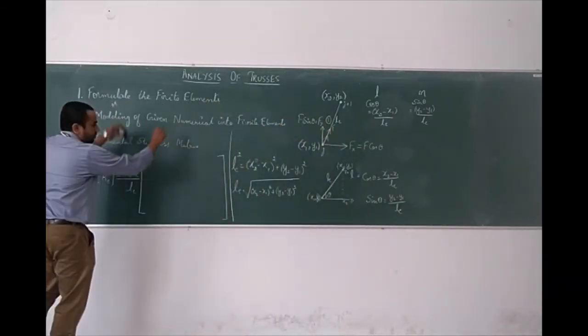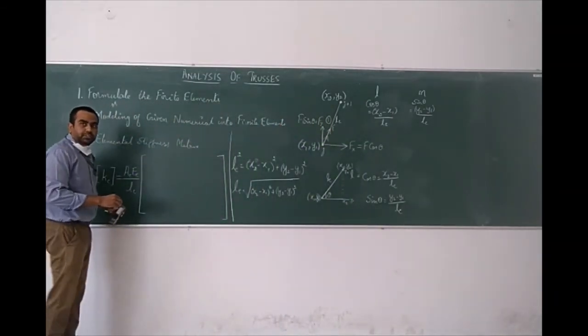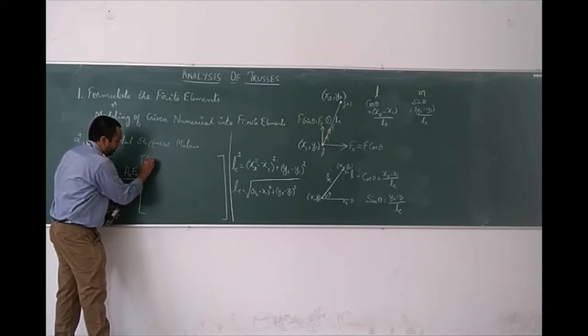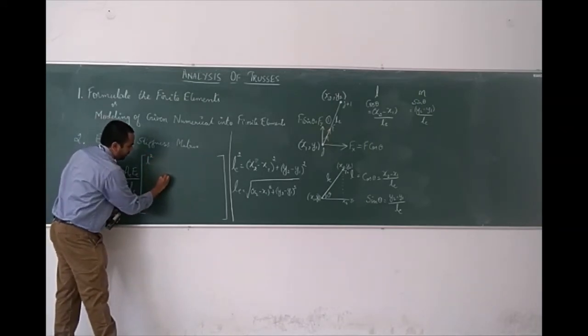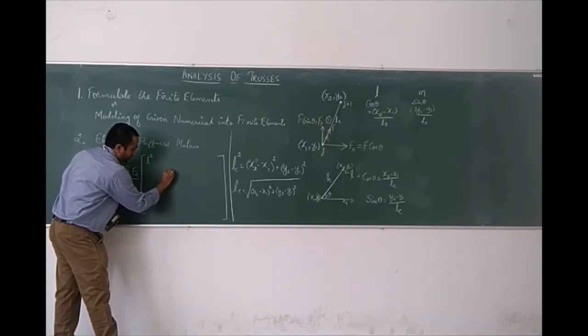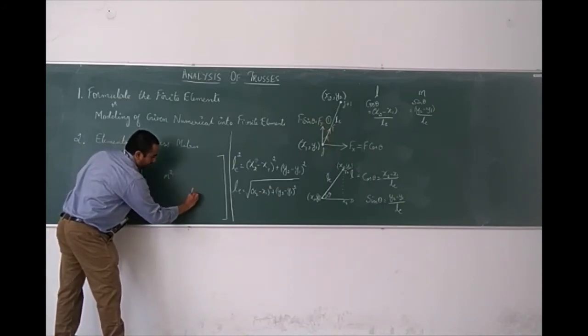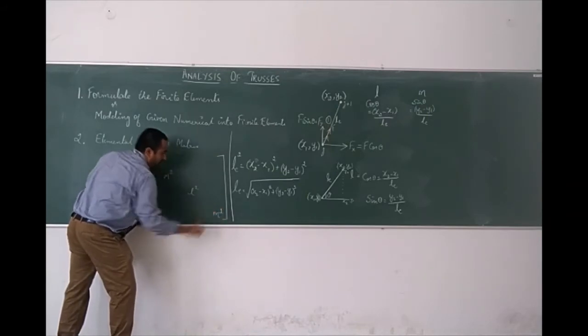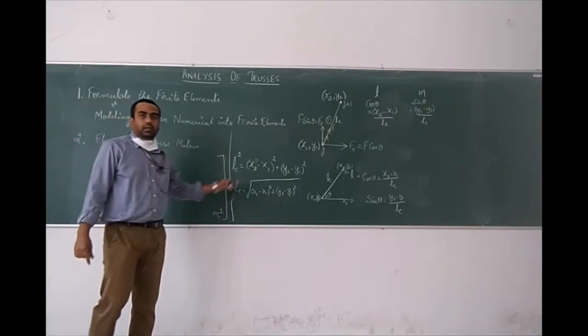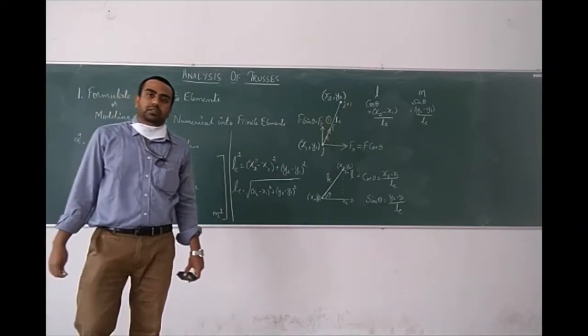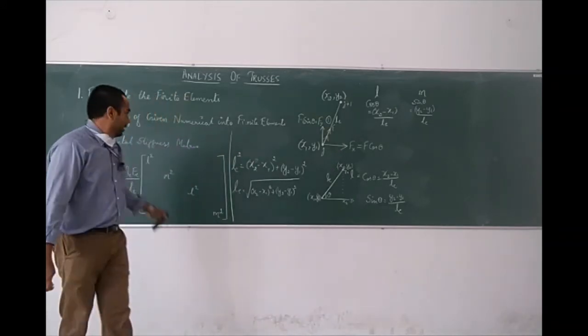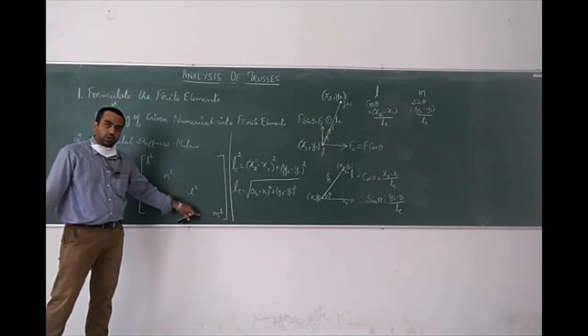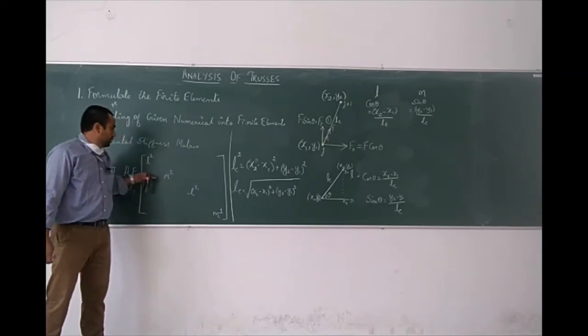So what is the diagonal that comes into picture? It is L square, then M square, again L square, and again M square. So what are these L and M? L and M are the directional cosines. So L square, M square, L square, M square.